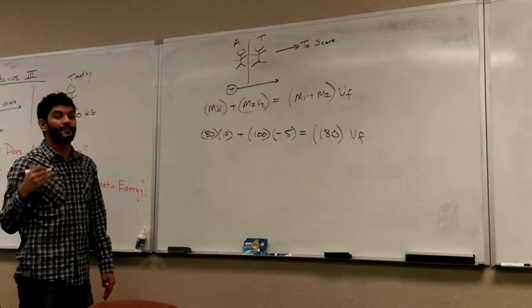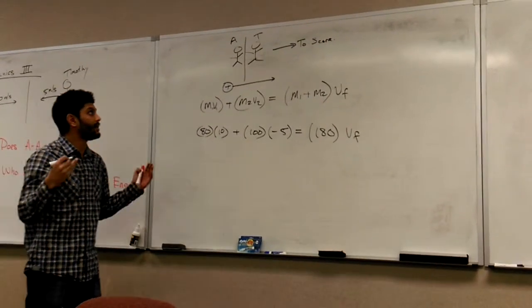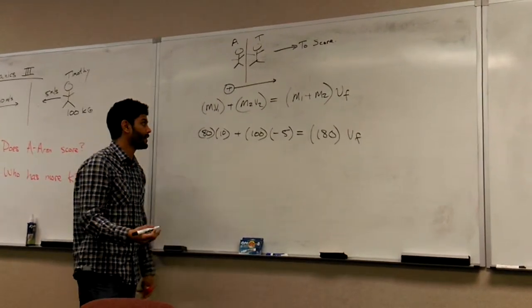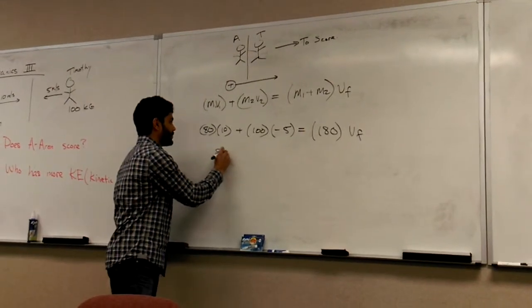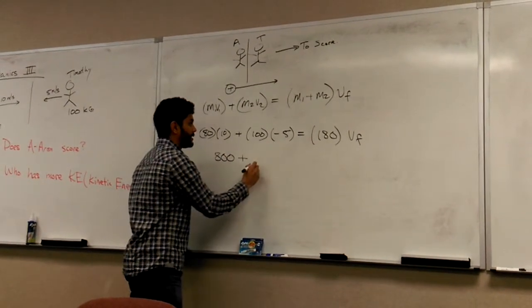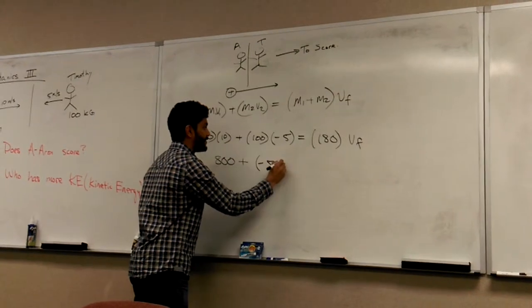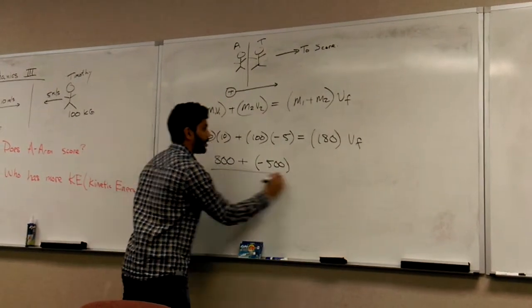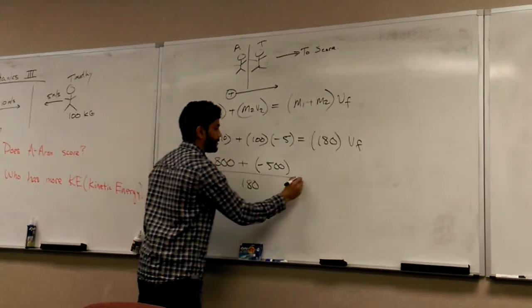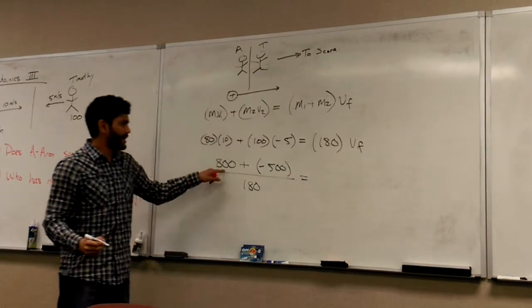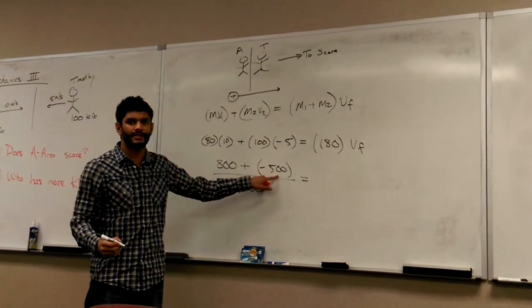If we get a positive final velocity, Aaron scores and he wins the game. So we get 800 plus negative 500 all over 180 equals, well, 800 minus 500 is positive.